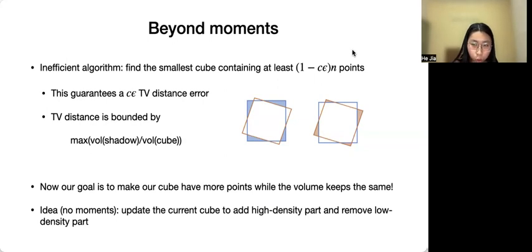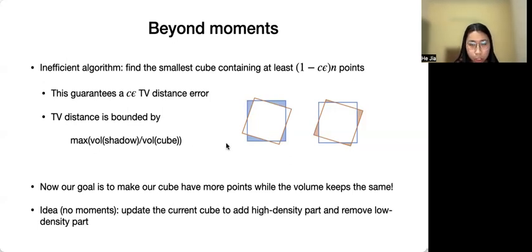So of course, the true cube satisfies this condition. So the true cube has a larger volume, and the number of samples in the difference between the true cube and the orange cube we find is only C epsilon n. So we have C epsilon n points in the shadow and n points in total. Then we can see the ratio between them is C epsilon. That means the TV distance is C epsilon.